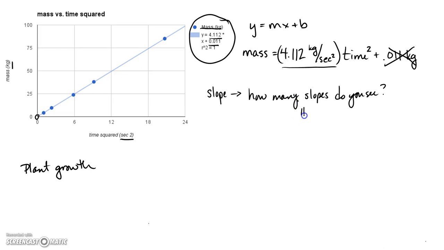So since we only saw one slope, what does that tell us? Well, if you only see one of something and it never changes, ever, it's the same throughout, then the slope must be some sort of constant. So we then have to ask ourselves, what does it mean to be constant? Well, it never changed.